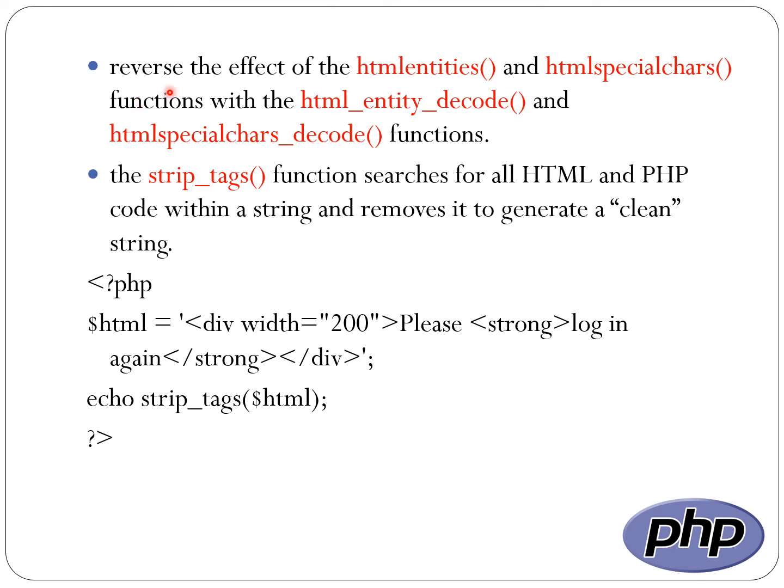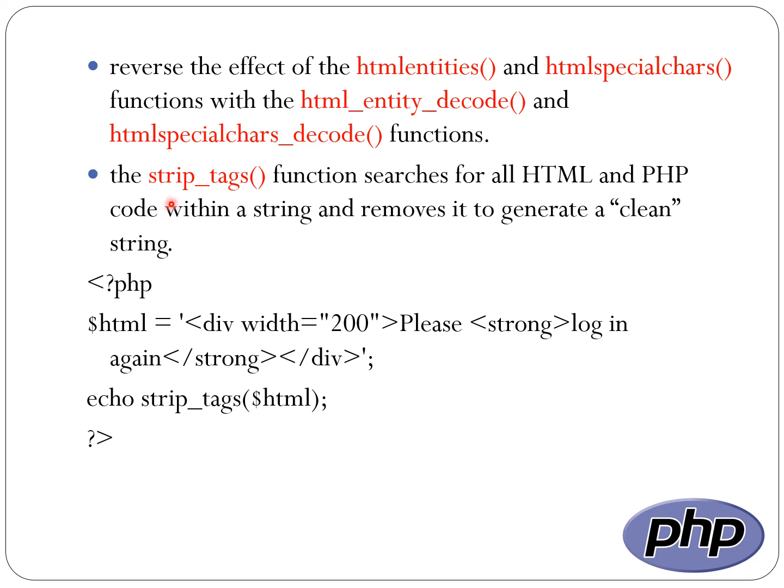Then, in order to reverse the effect of the htmlentities and htmlspecialchars functions, we have functions like html_entity_decode and htmlspecialchars_decode. Both these functions are used to reverse the effect of htmlentities and htmlspecialchars.